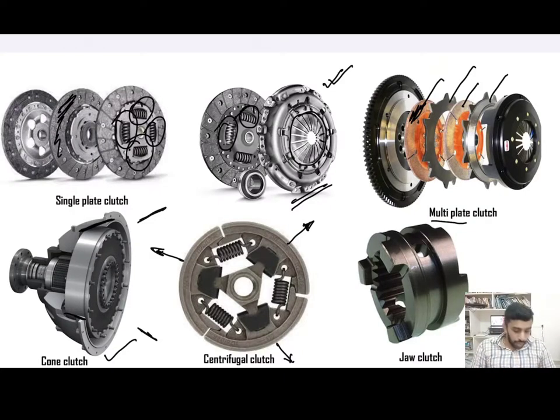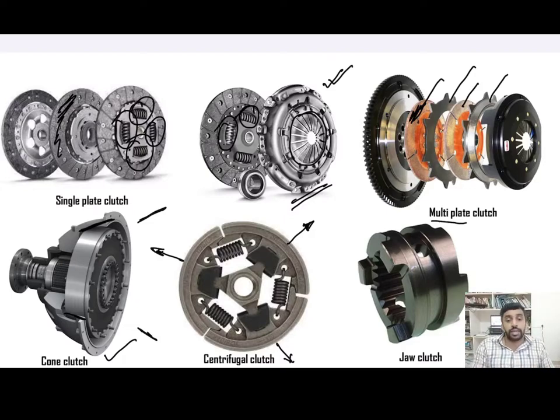Now comes the jaw clutch. It can be a square jaw or a spiral jaw. If you look here, we have some projections. One projection gets engaged with the other depression. This is a very positive contact type of clutch. There will not be any slip and no heat generation.